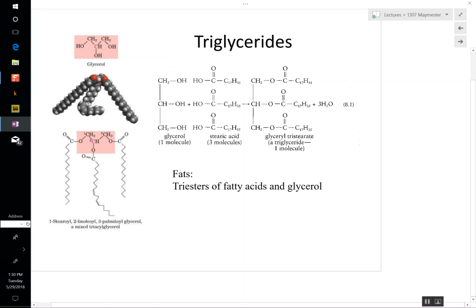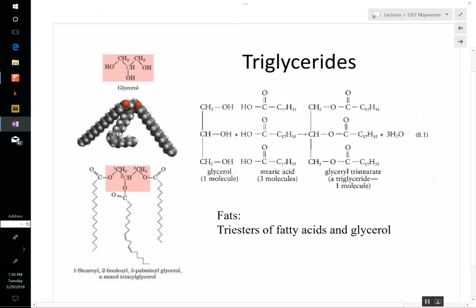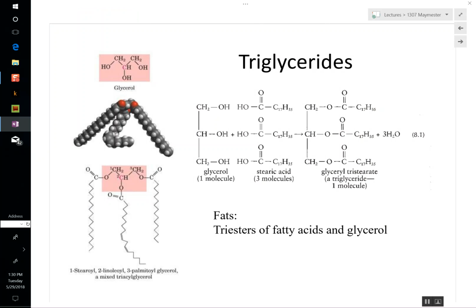And here's what one looks like. Okay, let's take a look over here. There's your glycerol. 3 carbons with an OH on each carbon. Very similar to glyceraldehyde. Glyceraldehyde is 3 carbons, but it has an aldehyde on it. This, you take the aldehyde off and put an alcohol there.